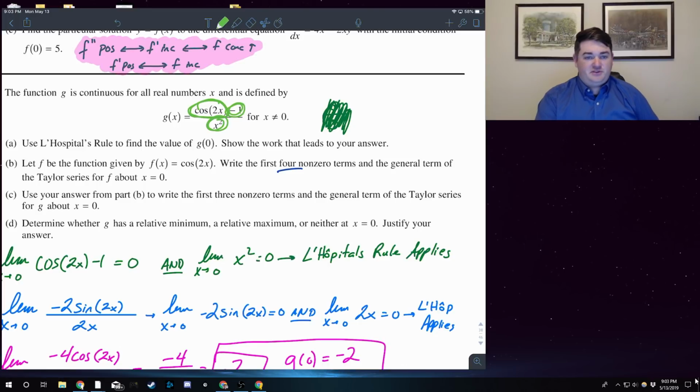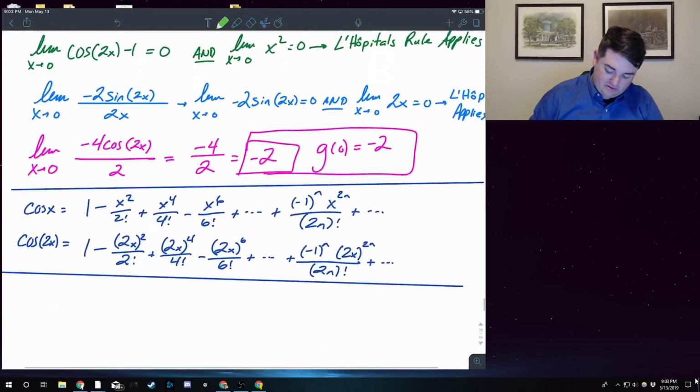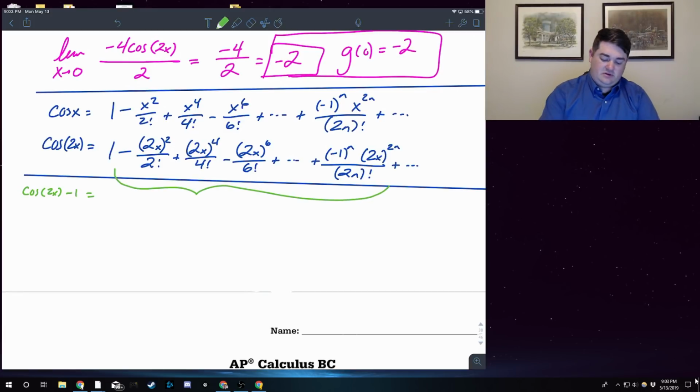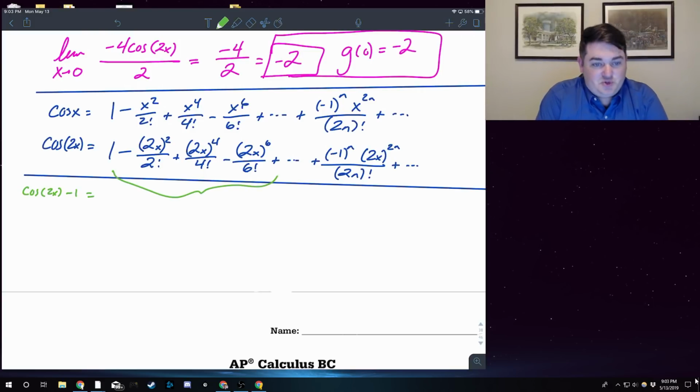I think I'm going to do cosine 2x minus 1 first. Those would be your first 3 terms right there, right? Because the only thing that changes is that the 1 in front gets subtracted off.